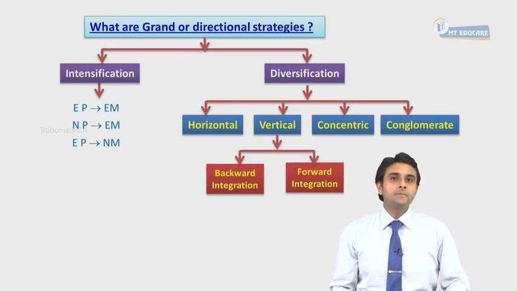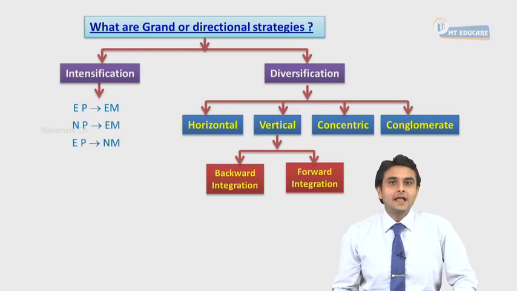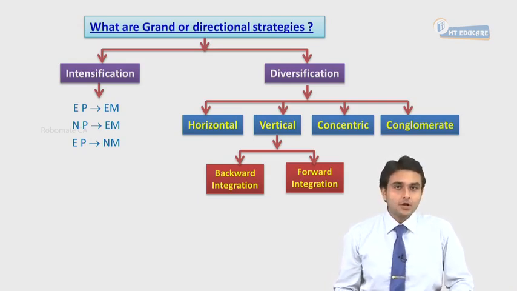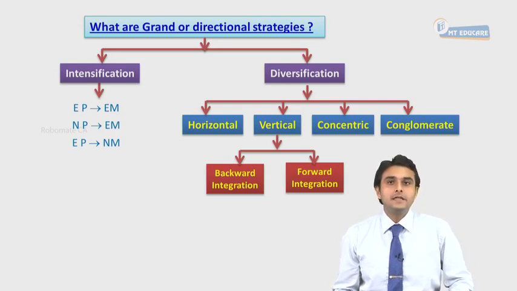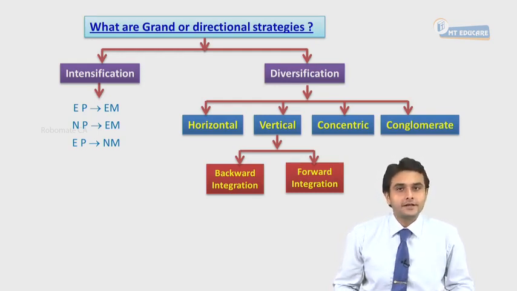For example, if Bajaj starts making steel and other metals which are used in the spare parts, which it makes on its own, that will be an example of backward integration, because the raw materials will be metals for its spare parts. And Bajaj opening up its own service centers for servicing the vehicles that it sells will be an example of forward integration.